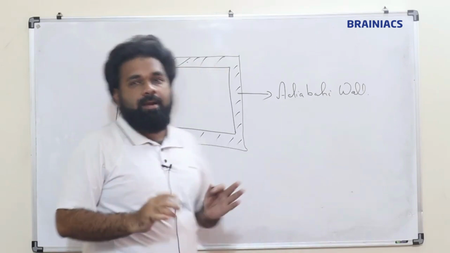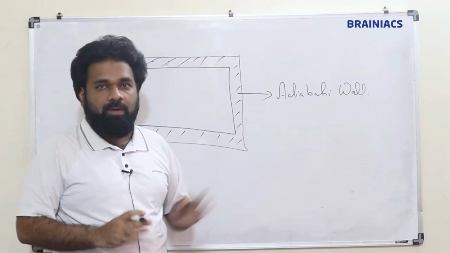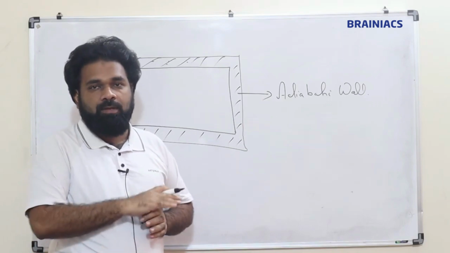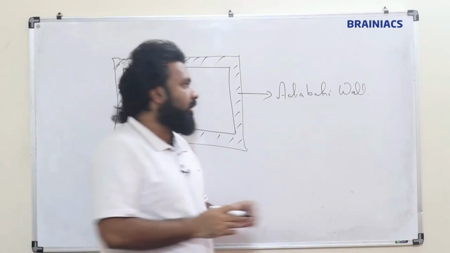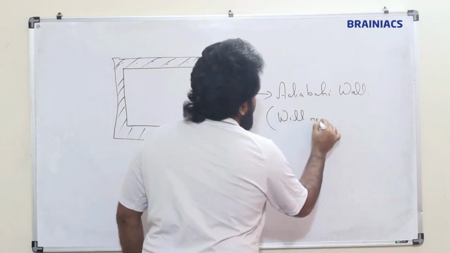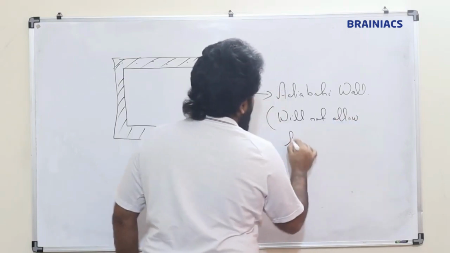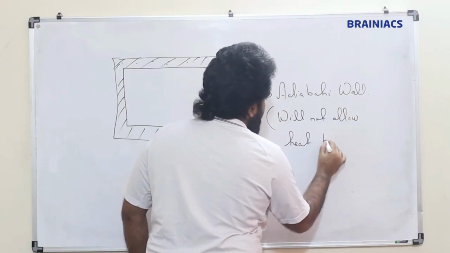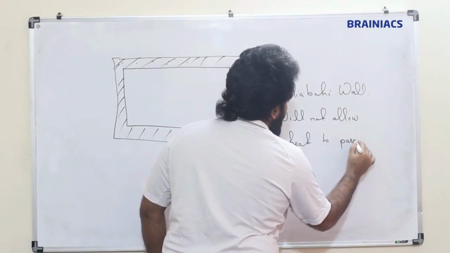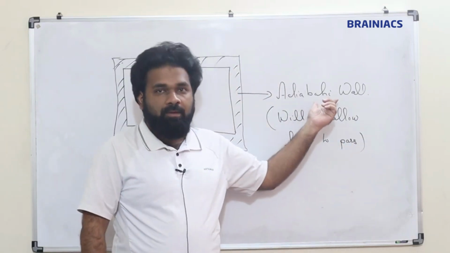What do you mean by adiabatic wall? An adiabatic wall will not allow heat to enter or heat to go out. It will not allow heat to pass. This is the first time I am using the word adiabatic wall.